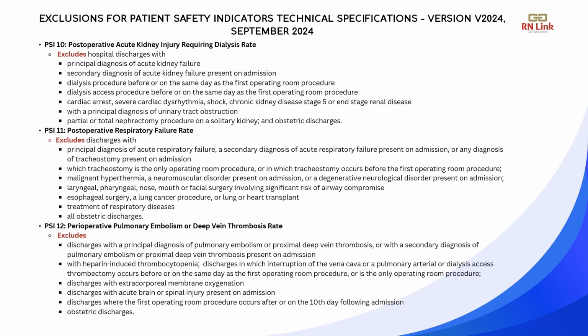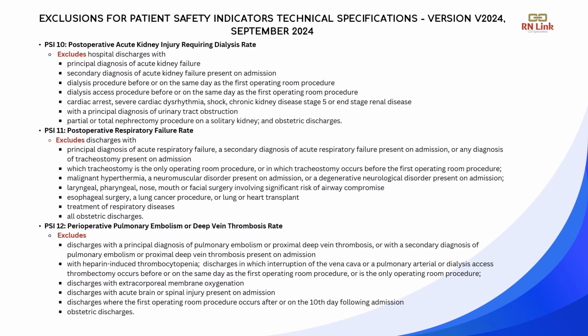Cardiac arrest, severe cardiac dysrhythmia, shock, chronic kidney disease stage 5 or end-stage renal disease. With a principal diagnosis of urinary tract obstruction. Partial or total nephrectomy procedure on a solitary kidney, and obstetric discharges.